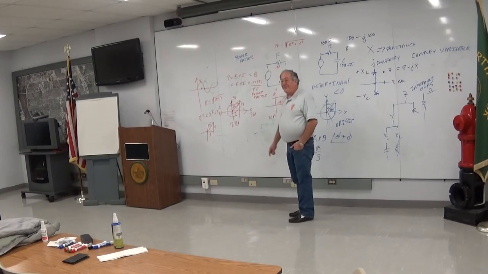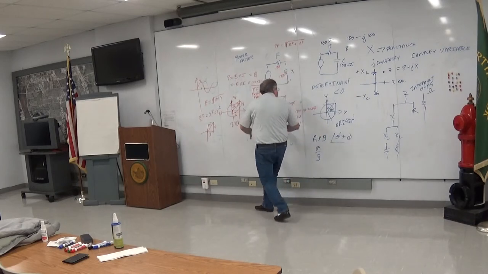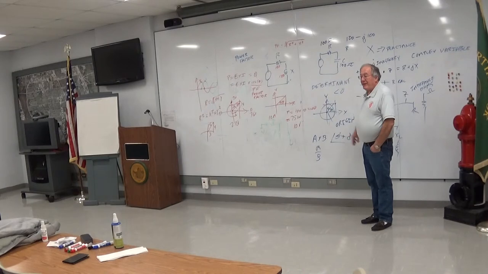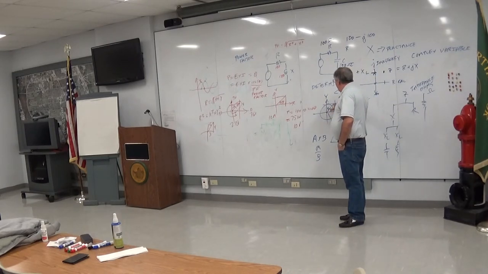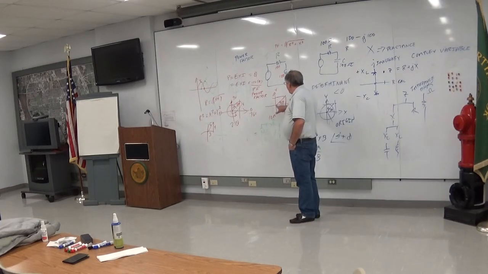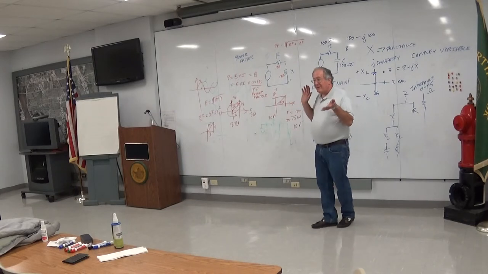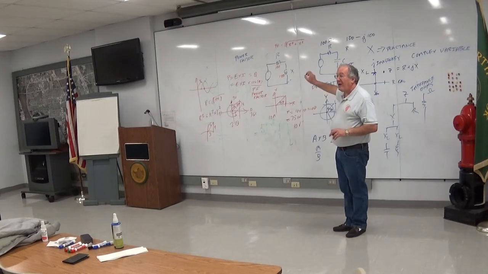And where they intersect is the place on the rectangular plane or the polar coordinate system plane that says either at some angle and some radius from the origin, or some value of R and some value of X. I'm out there in space where I've got a little bit of resistance, a little bit of reactance, and that's my impedance.